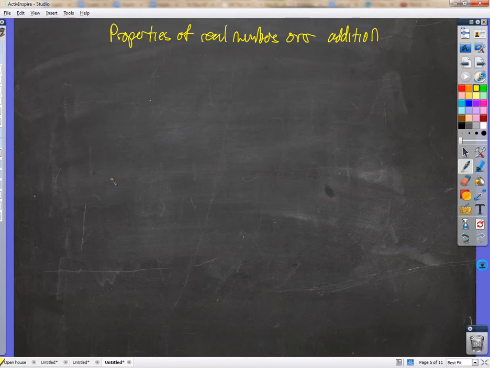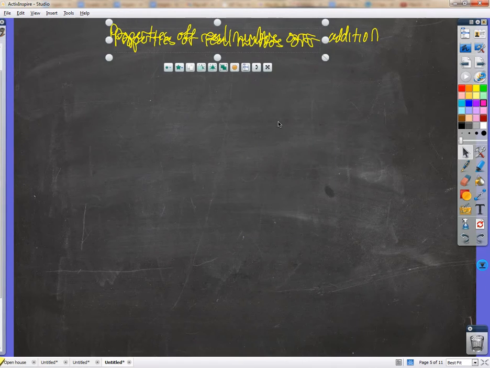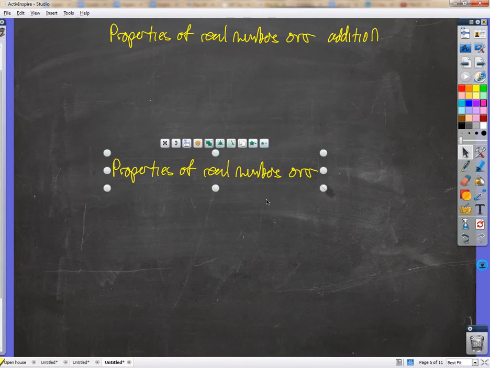And then we can do the same thing: properties of real numbers over multiplication.